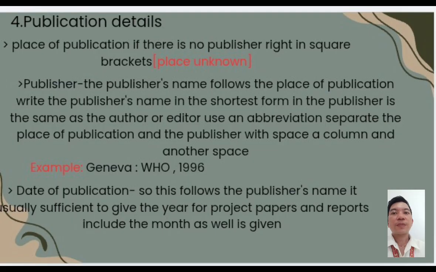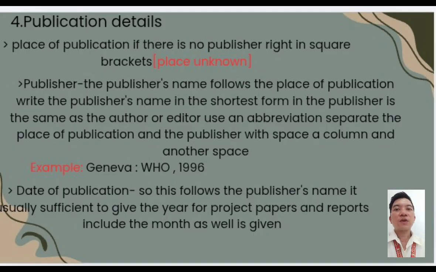Next is the publisher. The publisher's name follows the place of publication. Write the publisher's name in the shortest form, and if the publisher is the same as the author or editor, use an abbreviation. Separate the place of publication and the publisher with space, colon, and another space. Below, the highlighted text serves as an example.